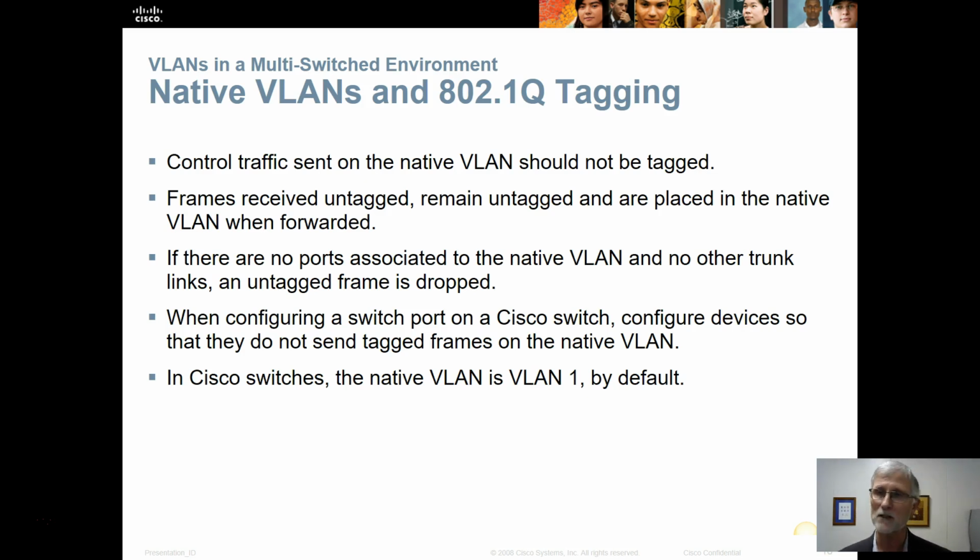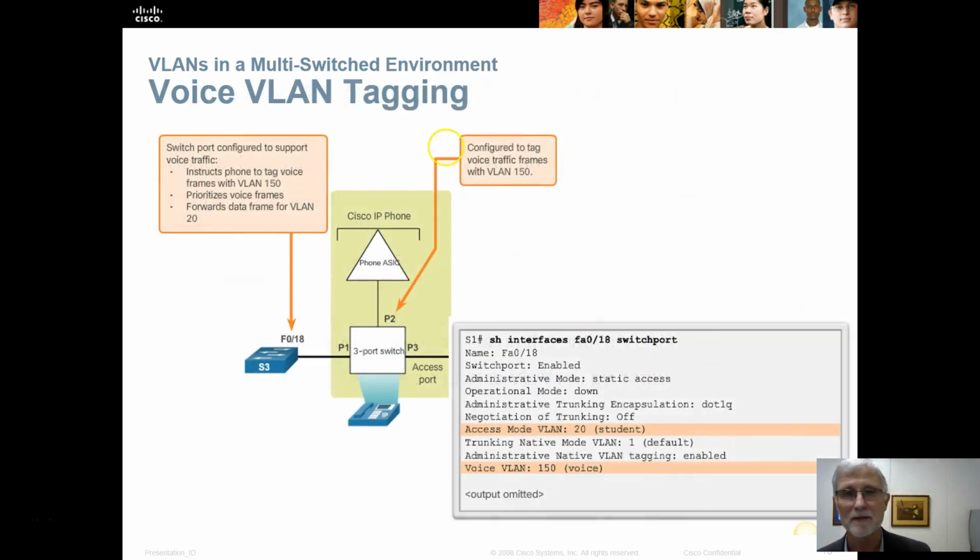I'm not going to redirect it to a particular VLAN. I'm going to send it off to all ports. If there are no ports associated with that native VLAN, then no other trunk frames, and the frame, as with most destinations, ends up getting dropped. When we configure a switch port, they don't send tags on the native VLAN. So on Cisco, VLAN 1 is the default native VLAN setup.